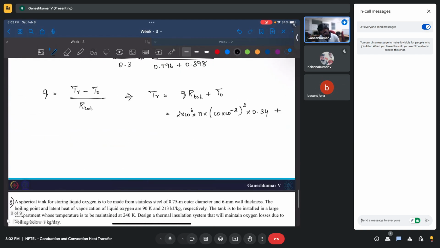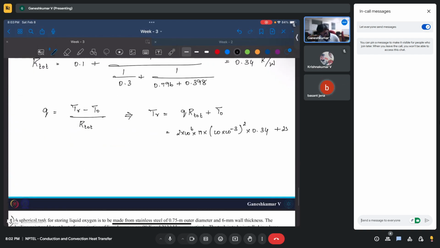How much was T naught? 25 degrees Celsius. So let's see what is happening here: 2 into 10 power 6 times pi times (10 into 10 power minus 3) squared, into 0.34, plus 25.